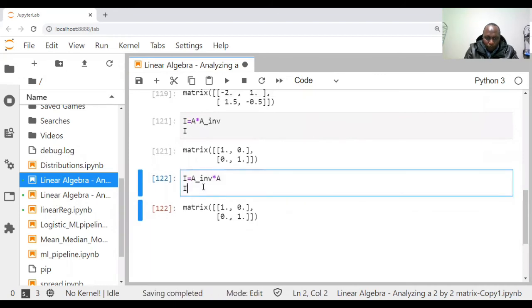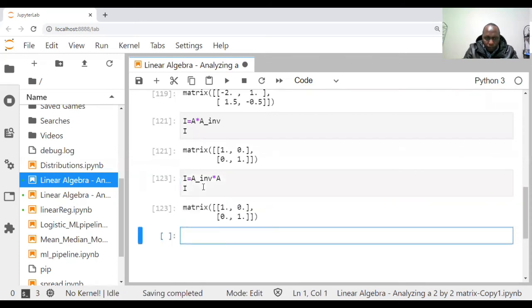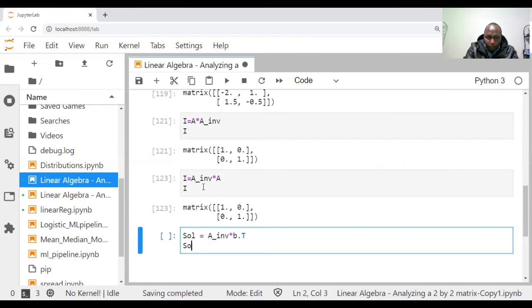So now, since we have the correct A inverse matrix, the last thing we're going to do is to find our solution. And our solution for the system is A inverse times B dot transpose. Remember, that is the solution for the system.